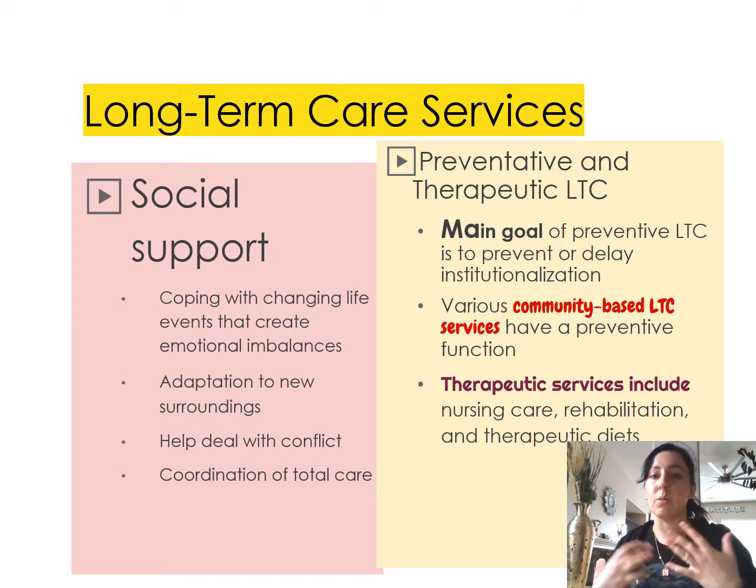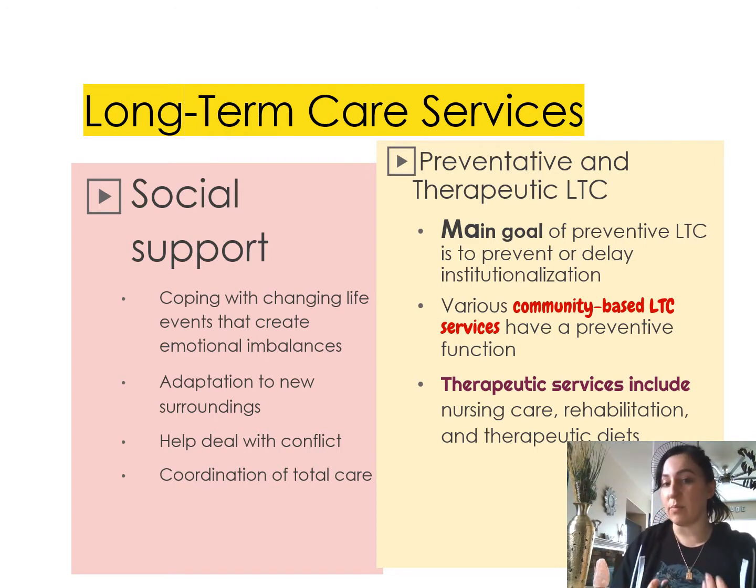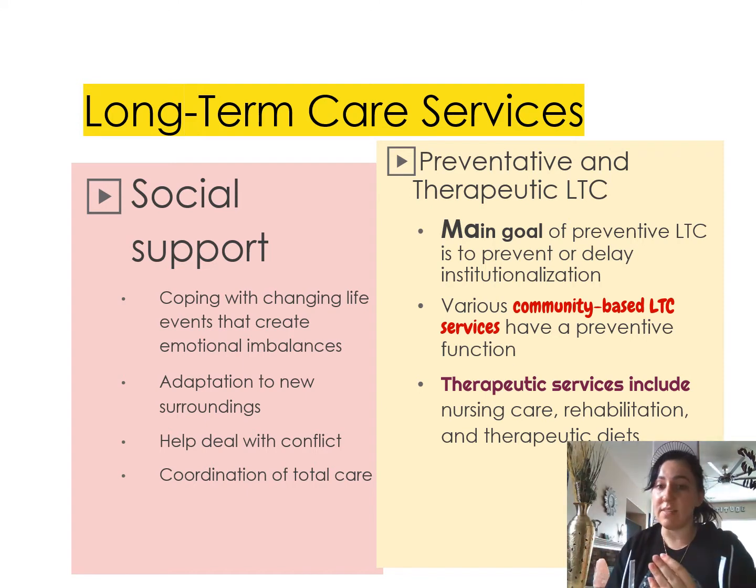Preventative services are those that really help you maintain function, and much of that type of service is going to happen in home-based and community-based long-term care services. Also, there are many therapeutic services that provide nursing care, rehabilitation, therapeutic diets, and things like that, and these can be institution-based, but a lot of these can actually be home and community-based as well.